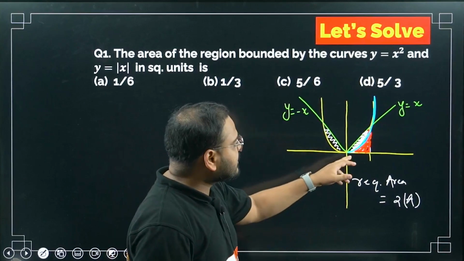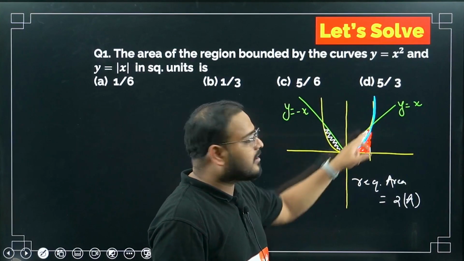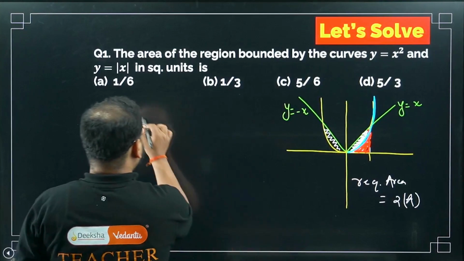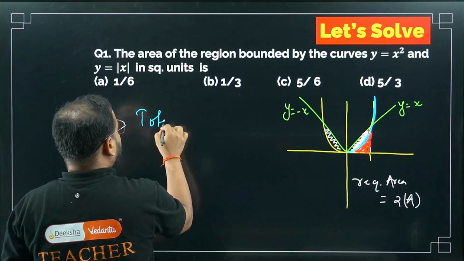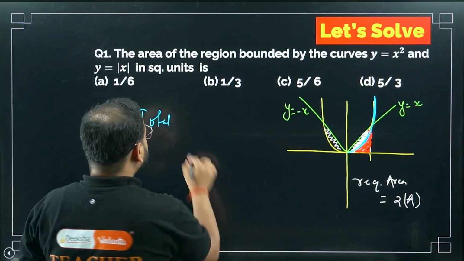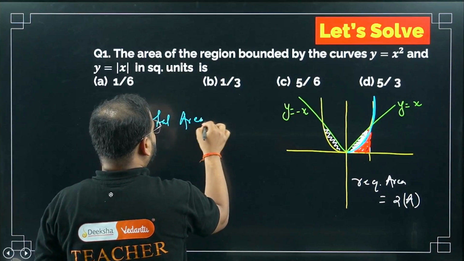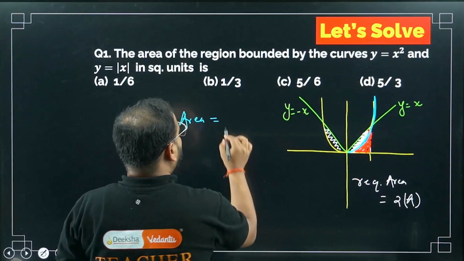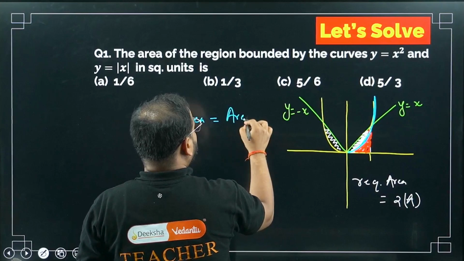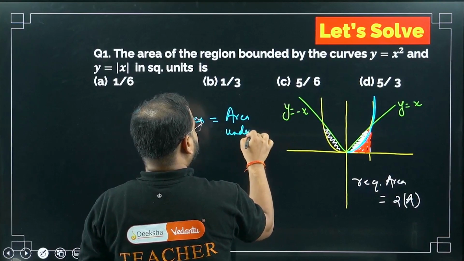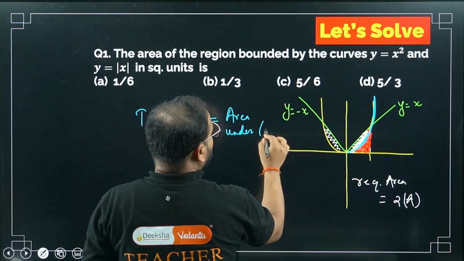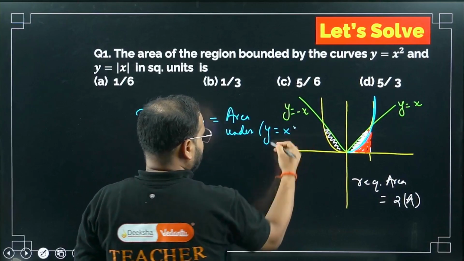If you check here, isn't the total region basically the area under the straight line? So the total area that we had in the beginning was the area under the straight line. Which one? y equals x. Yes or no?